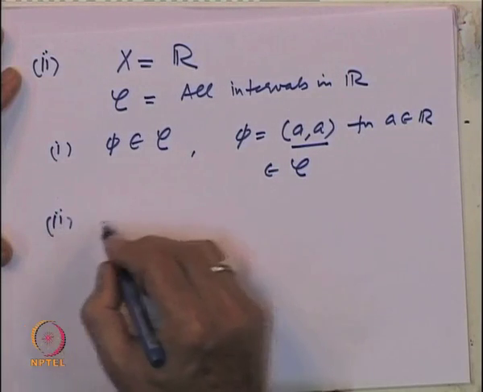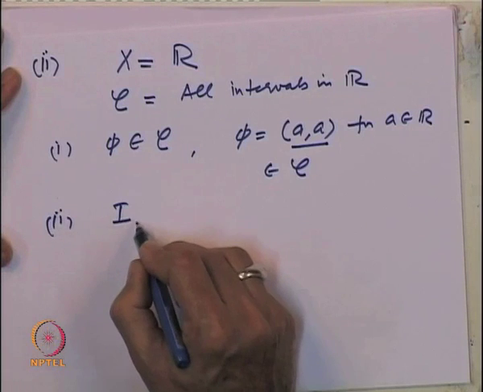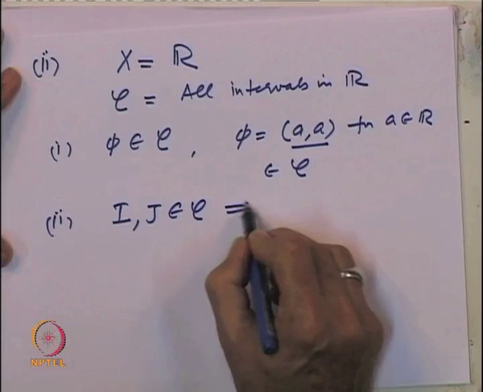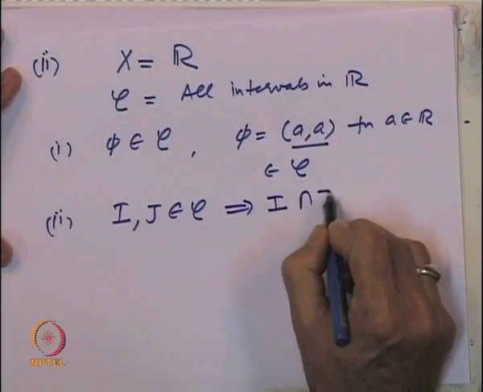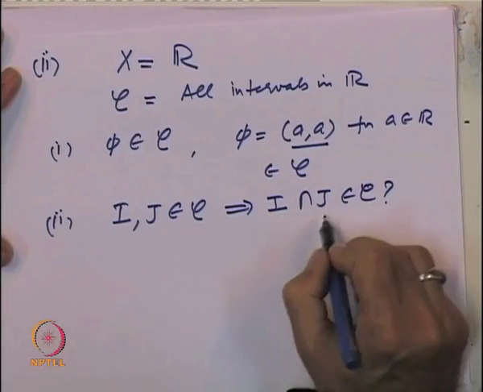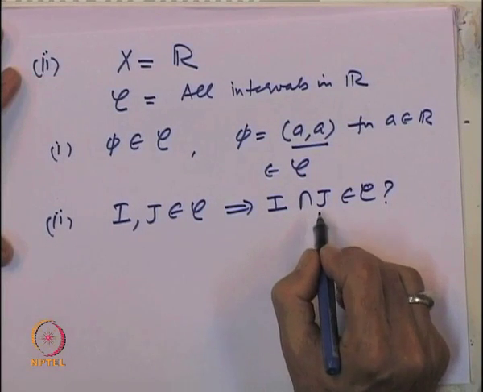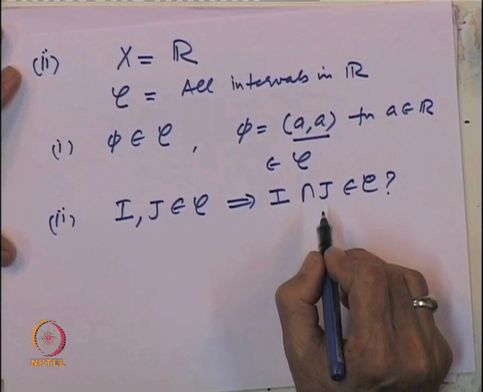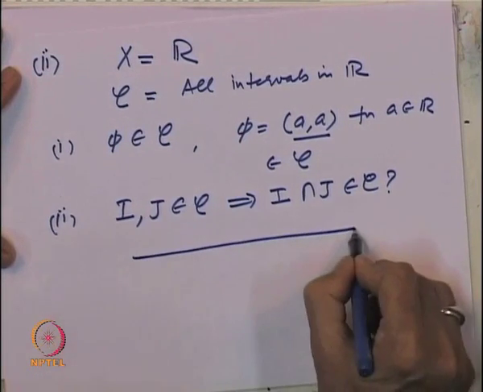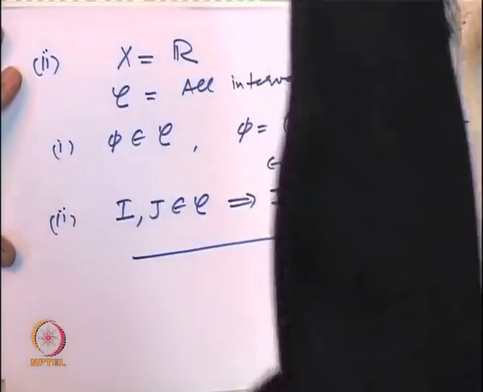Second property, let us take two intervals I and J belonging to C. Does this imply that I intersection J belongs to C? That is the question. If I and J are two intervals, can I say I intersection J is also an interval? Let us check in the picture.